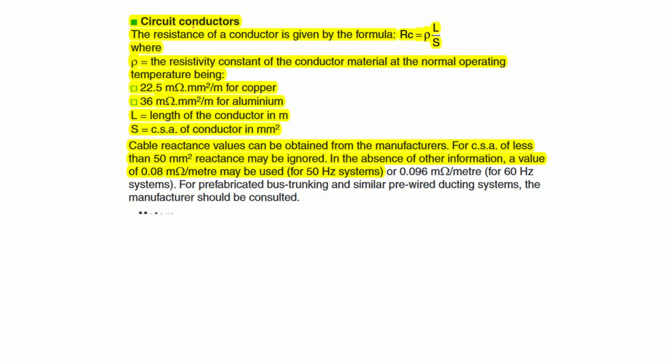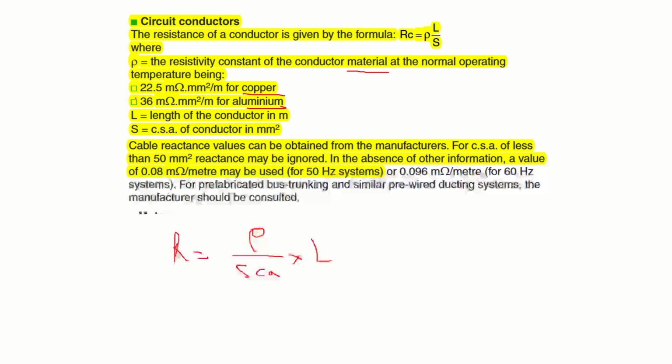For circuit conductors, or any wire or any conductor, the resistance R is equal to the resistivity of the material over the cross-section area, times the length. Of course, the resistivity is determined according to the material that we are using, whether it is copper or aluminum.